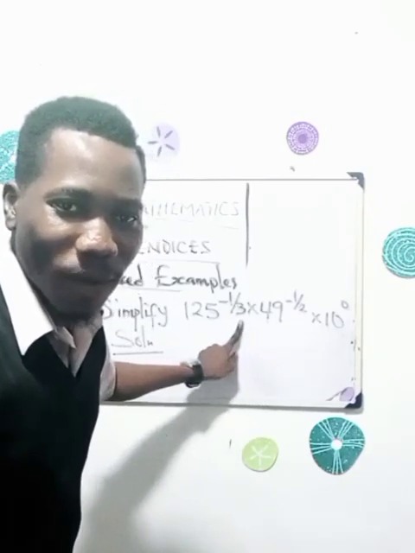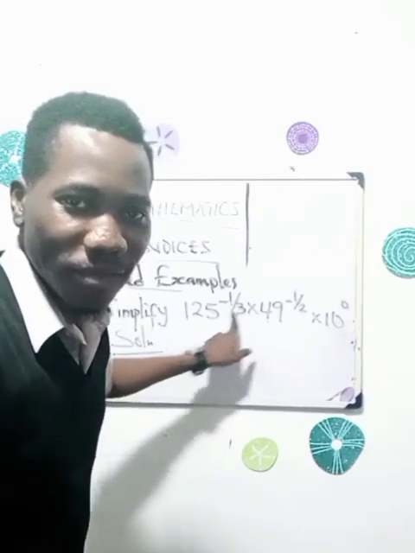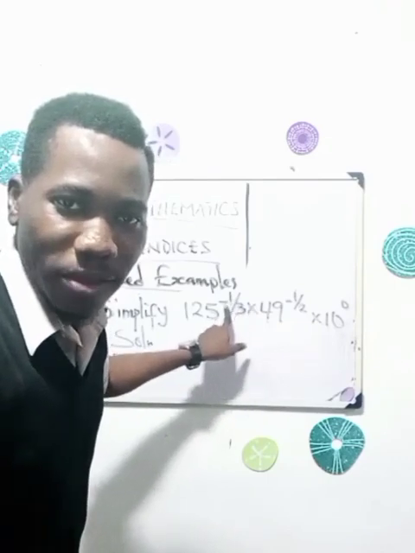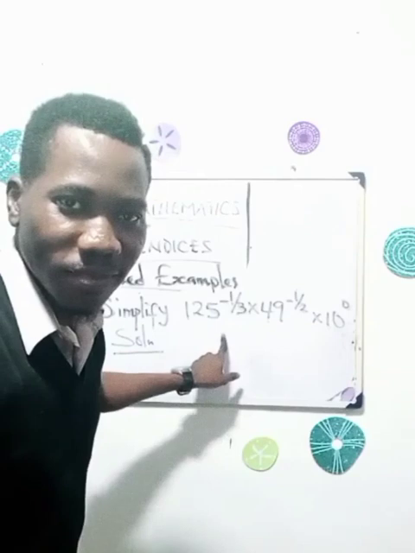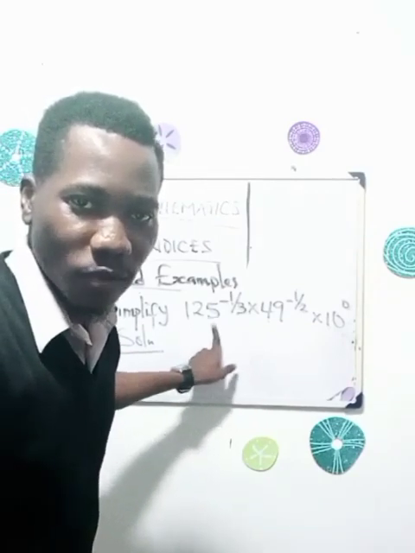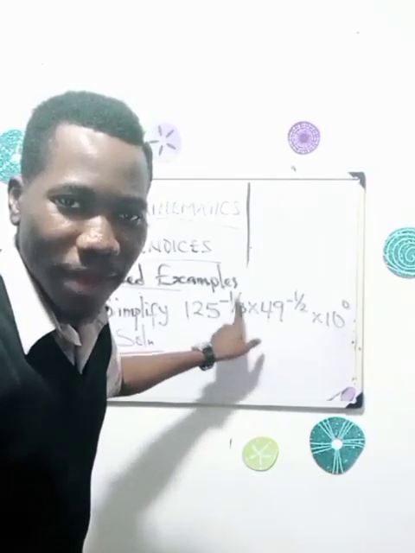Cube root of 125. Okay, Annie, good. Cube root of 125. Okay, because of the power, the denominator is 3. So what about the negative here? What happens to the negative here? 1 over. So this is 125, not 1225. 125 raised to the power of minus 1 over 3.